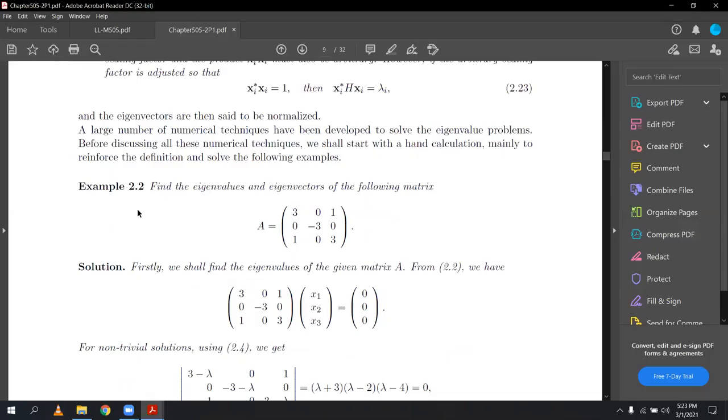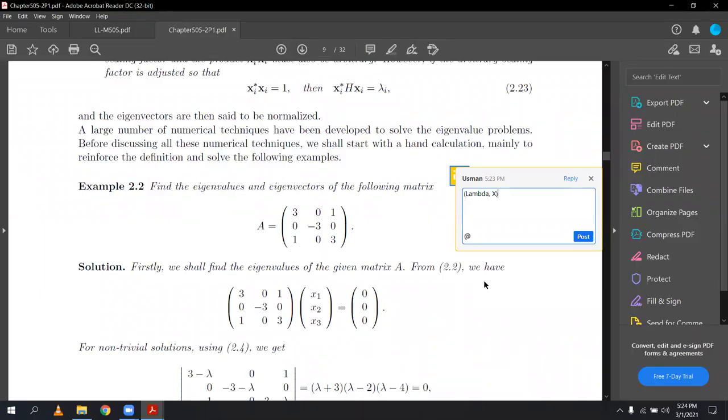As I told you, we have to deal with two things in this one: lambda and the vector X. Lambda is a real number, maybe complex, but we are not interested.